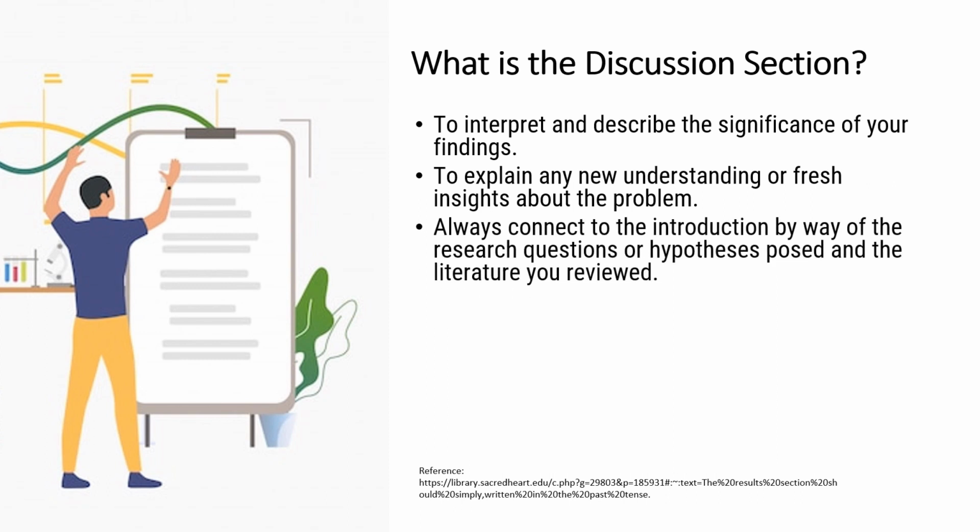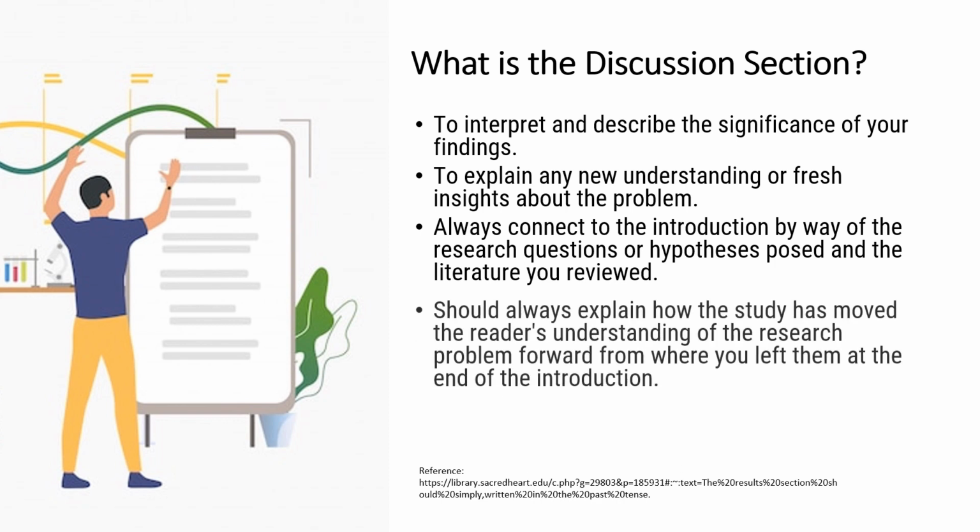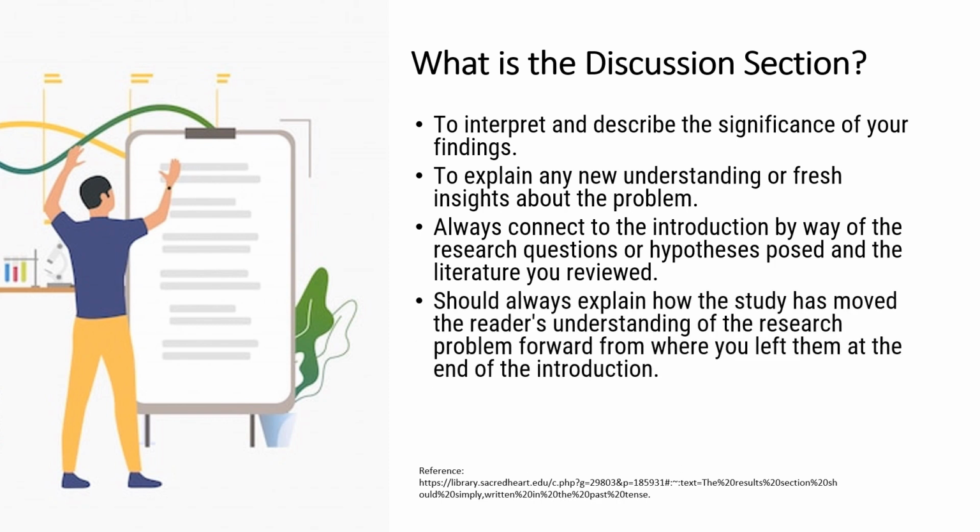So always connect to the introduction by way of the research questions or hypothesis posed and the literature that you reviewed. You should always explain how the study has moved the reader's understanding of the research problem forward from where you left them at the end of the introduction. That is the purpose of the discussion section.